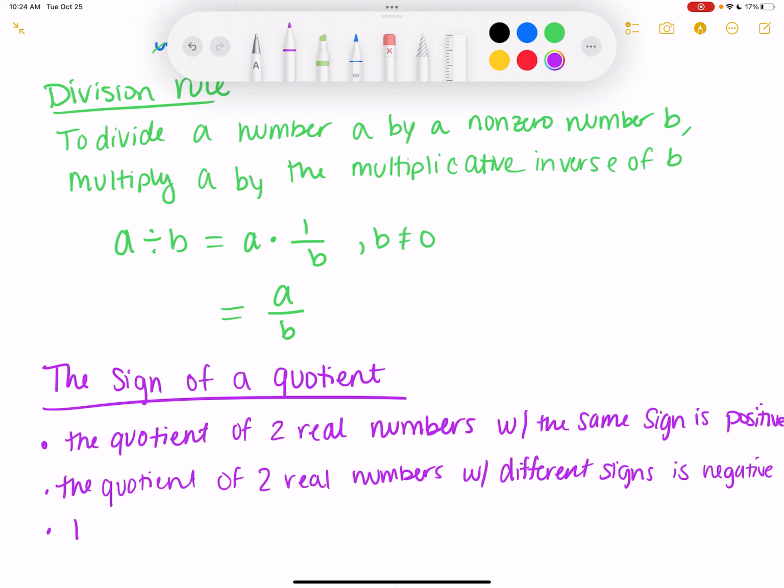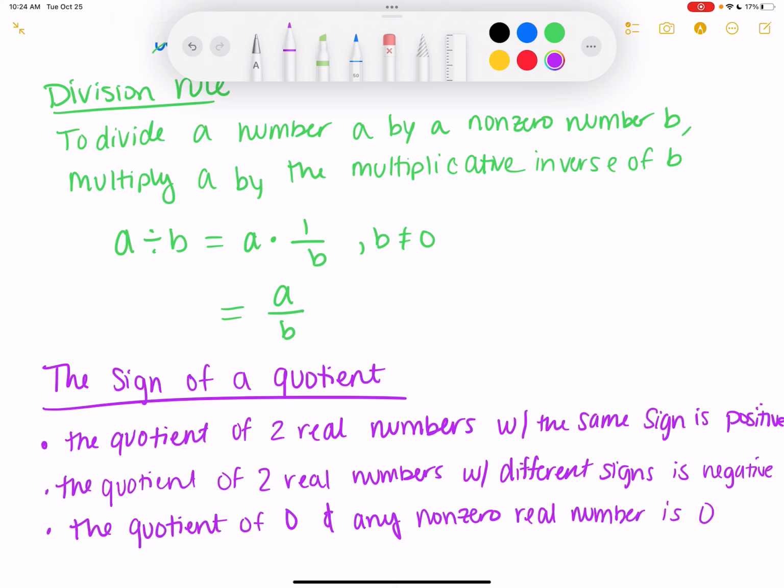And then the quotient of 0 and any non-zero real number is 0. So if you have 0 divided by any number, the answer is 0.